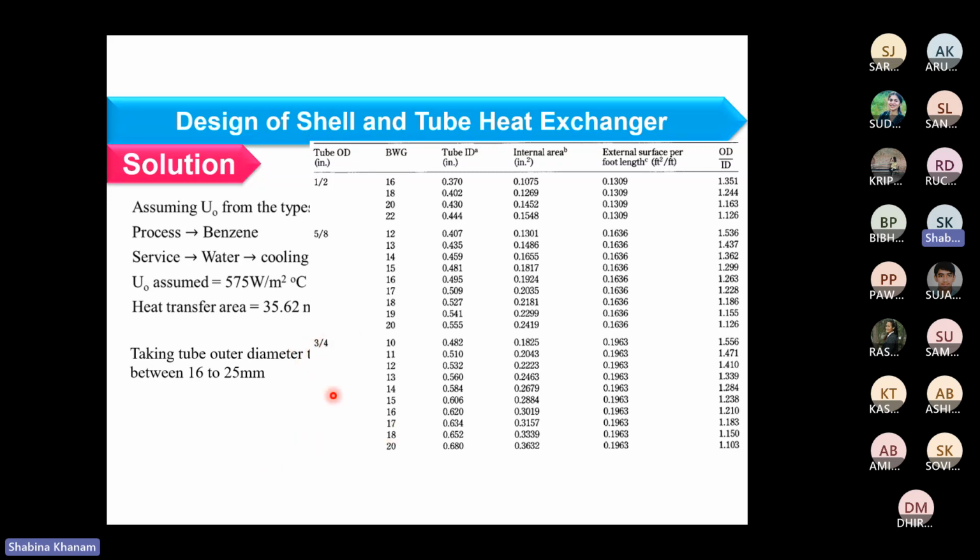Secondly, we need to choose a BWG value, and as we have discussed previously, this BWG value should be chosen from the middle. So we can choose 15 BWG or 14 BWG, like that. I have chosen 15 BWG value. For that, ID of the tube should be 0.606.